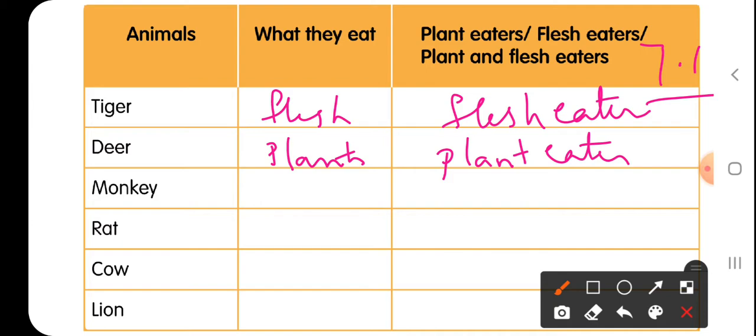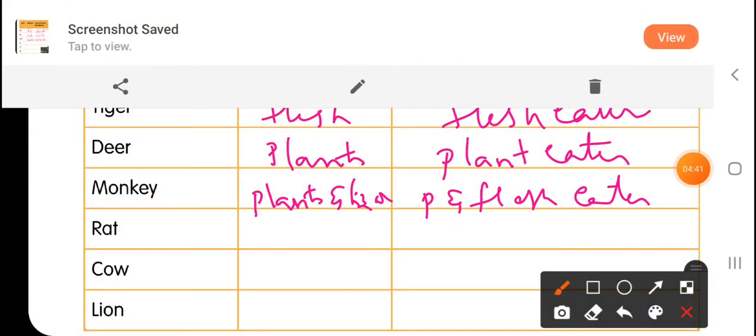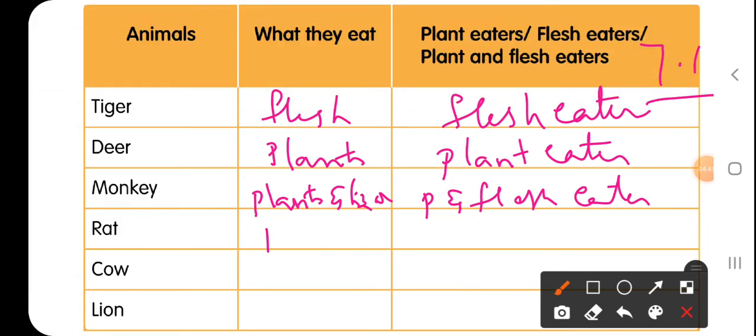A monkey eats plants, fruits, and even sometimes small lizards also, so it is both a plant and flesh eater. A rat eats some grains, which are plant products only, so it's a plant eater.